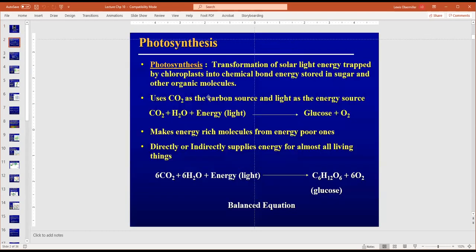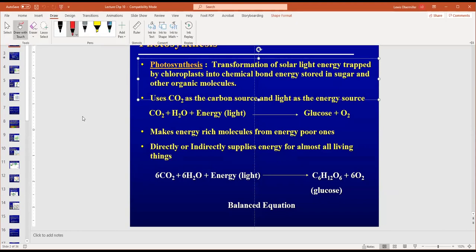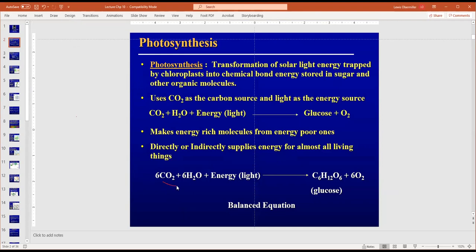And so we know that that reaction is actually that plants take in carbon dioxide and water. CO2 and water, and we have energy from the sun.